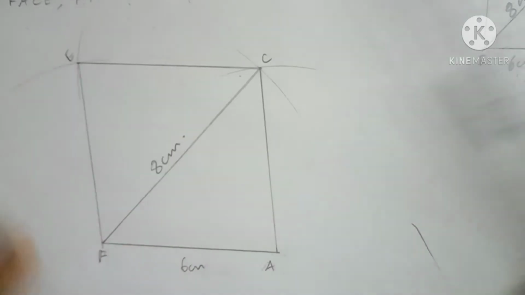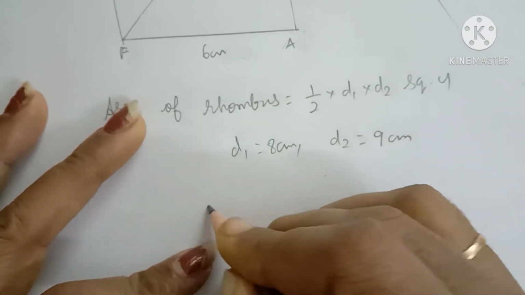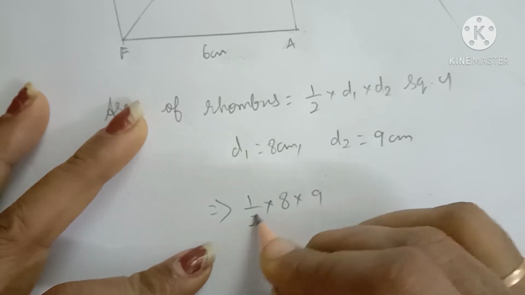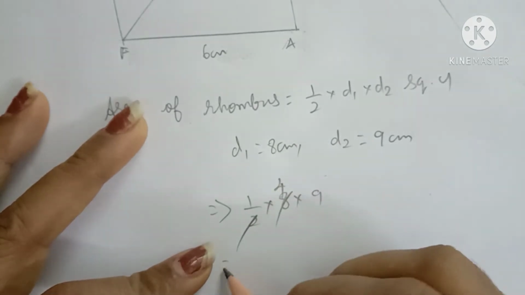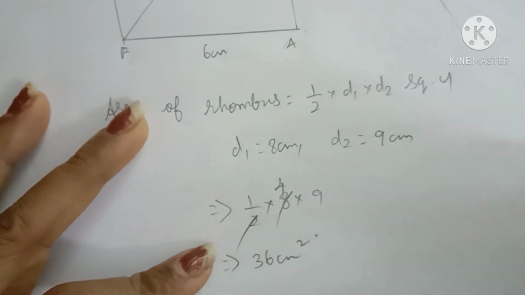D2 is equal to 9 centimeter. Therefore, half into 8 into 9. So, 2 fours are 8, 4 nines are 36 centimeter square.